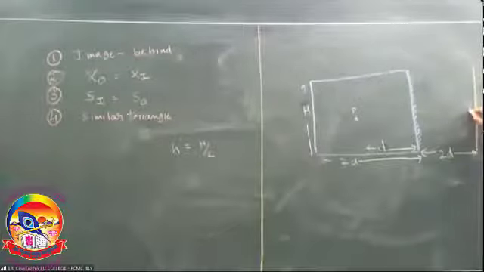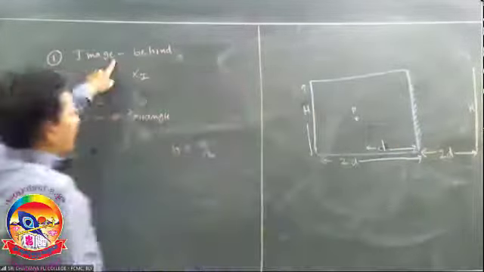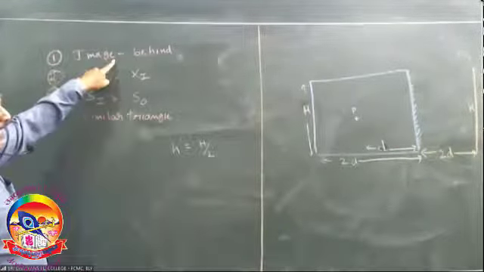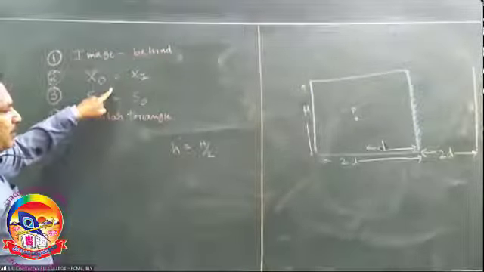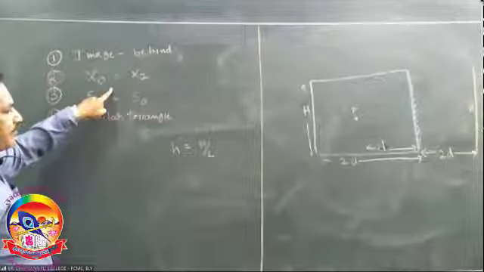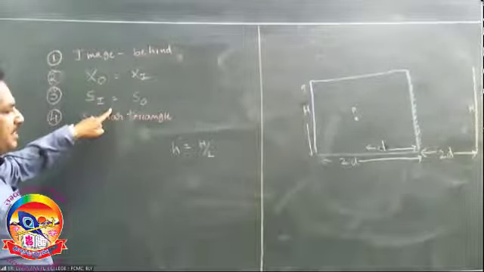What will be the height of the image? H. According to this rule, the image is formed behind the mirror, the distance of the image is equal to the distance of the object, and the size of the image is equal to the size of the object.